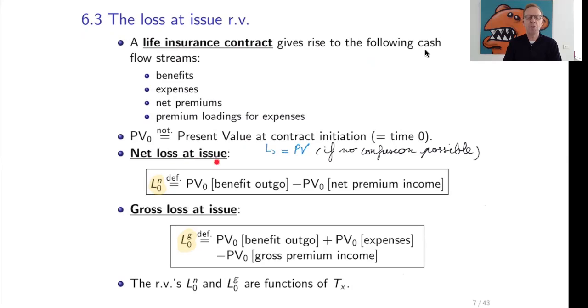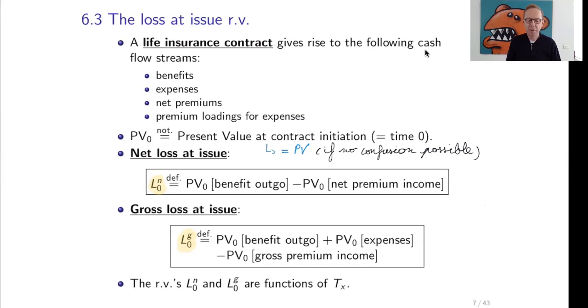Apart from the net loss at issue, we will also define the gross loss at issue. What is the gross loss at issue? We will denote that by L0G. That's also a random variable, but now we take also into account the expenses. That means what goes out for the insurer is the benefit outgo and the expenses that he will make.